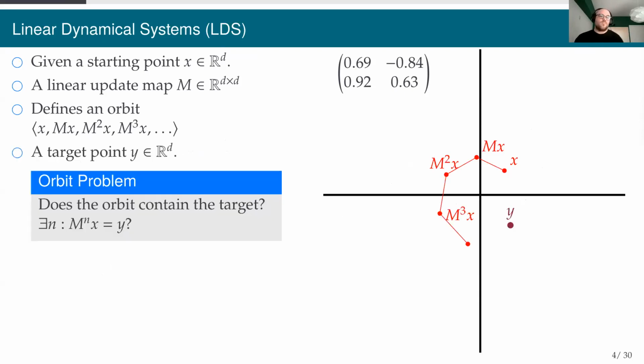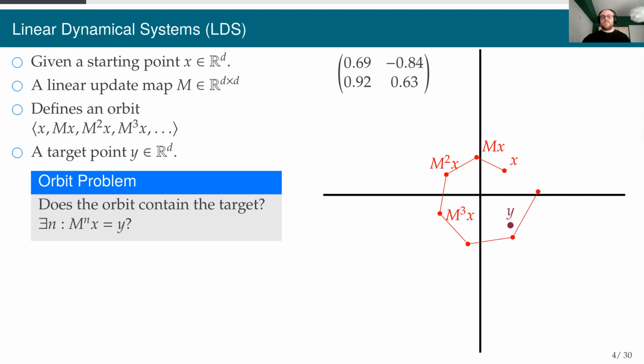So in the previous example, the loop halts when you hit the specific point, and this is an instance of a problem called the orbit problem. Does the orbit contain the target point?